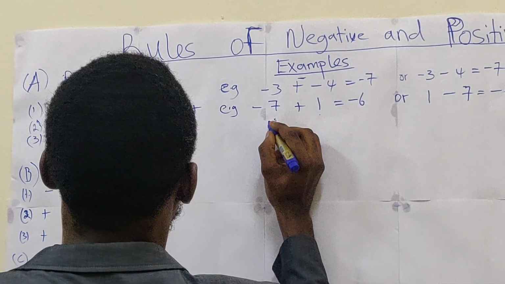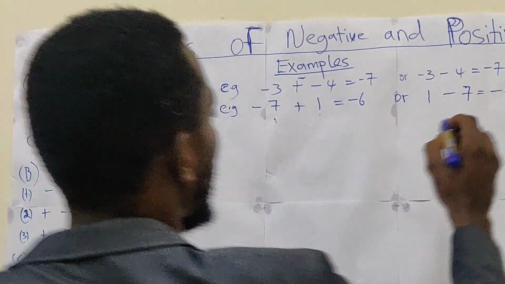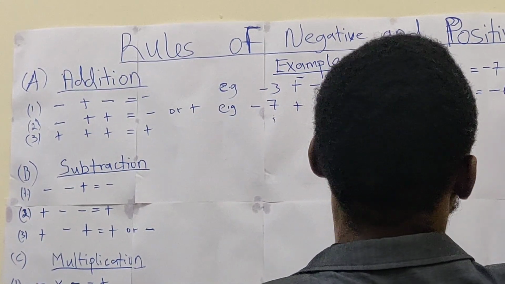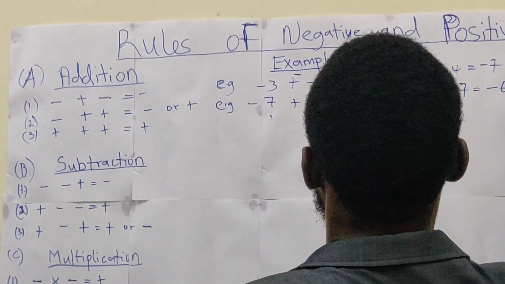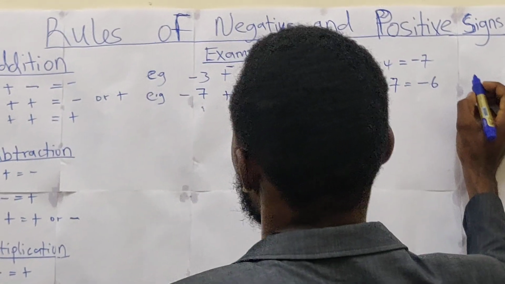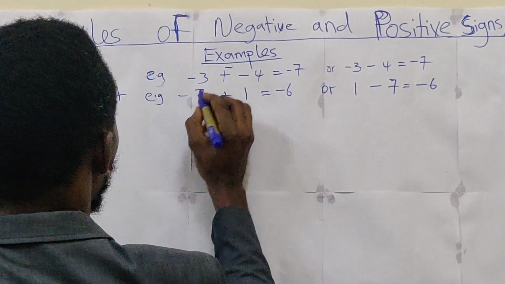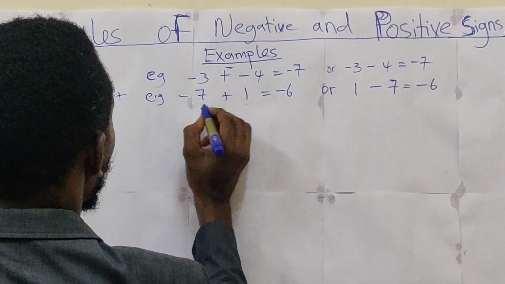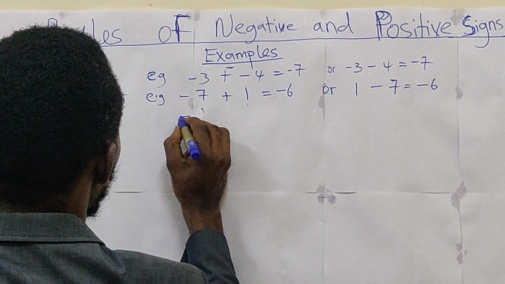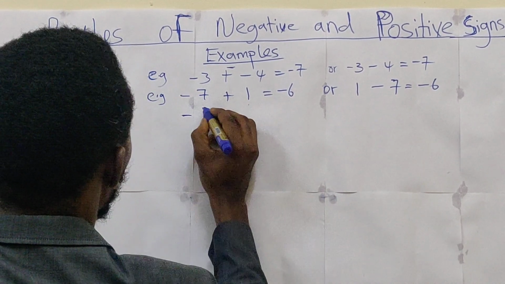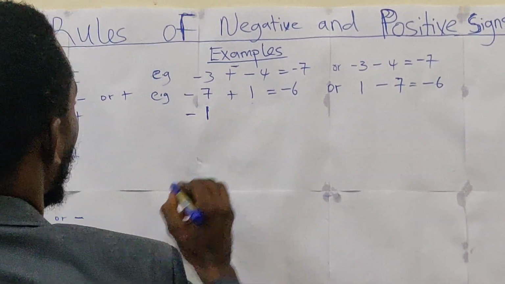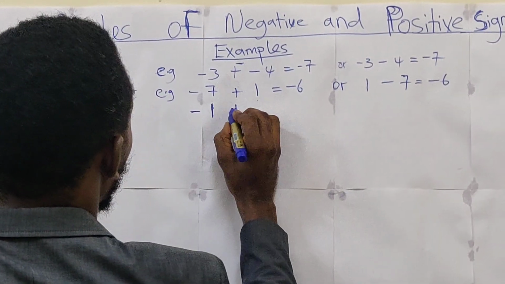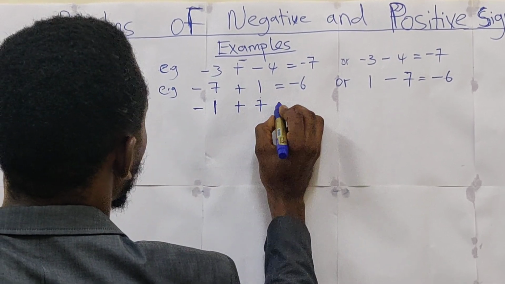Let me use this way. Now let me put this one, negative 1 plus 7.